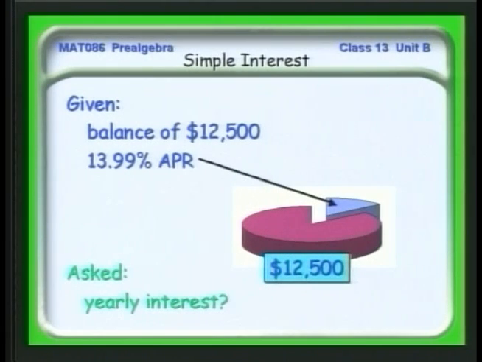And to put in some kind of a small diagram, that whole circle would be the whole $12,500, and that chunk might represent the approximately 14% that you're going to have to pay the credit card company in addition to the $12,500.